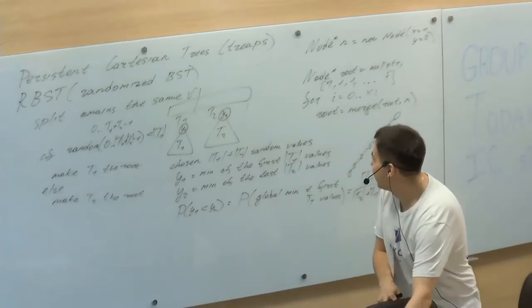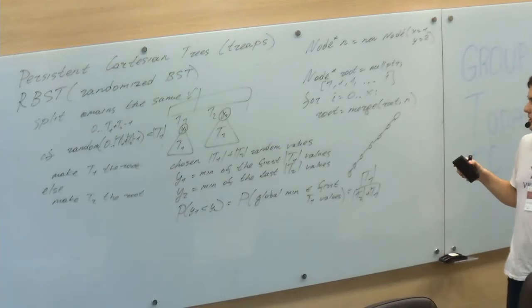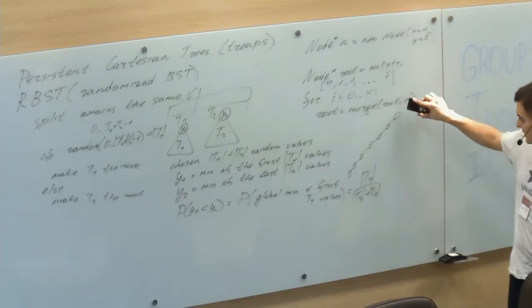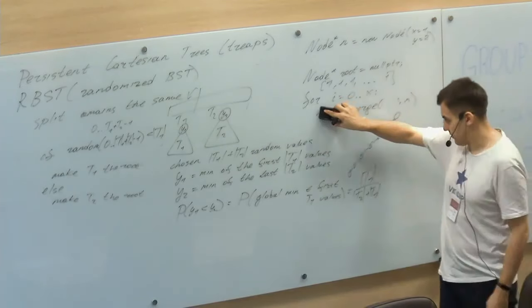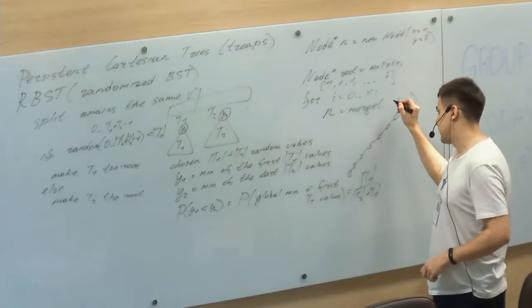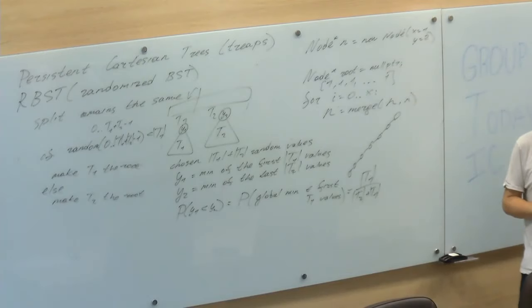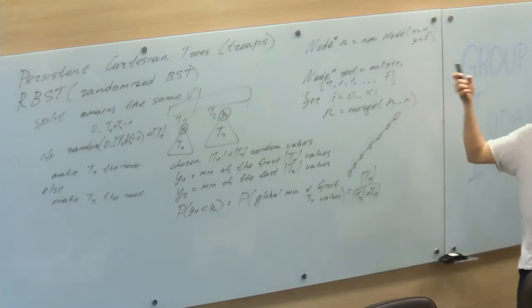Now, let's modify this code a little bit. Instead of merging root with n, I will merge n with itself. This basically corresponds to doubling the array each time.